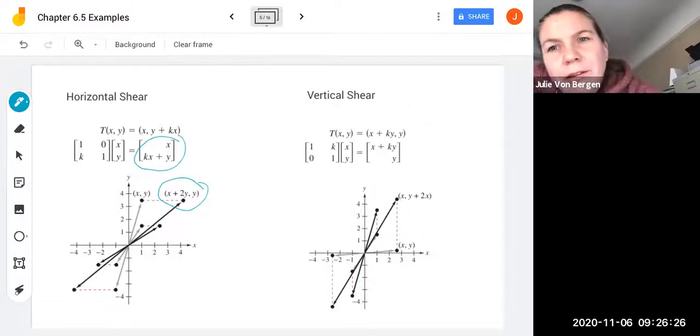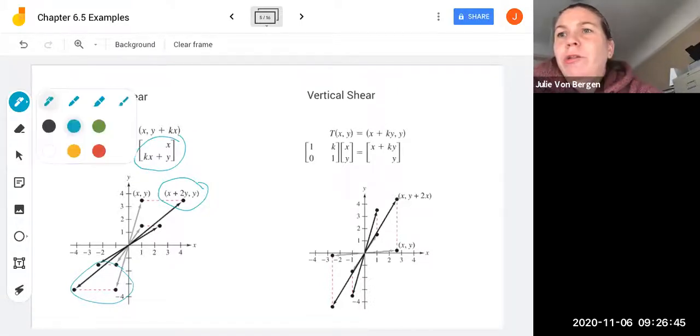And so you can see the change here between the point (x, y) over to (x plus 2y, y). And you can see how that affects the whole line down here in the quadrant 3 space as well. Here's an example of a vertical shear on the right.